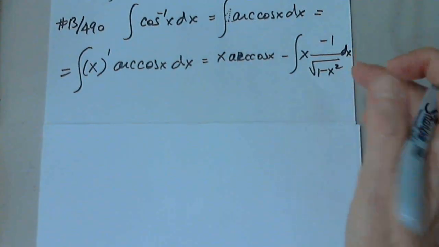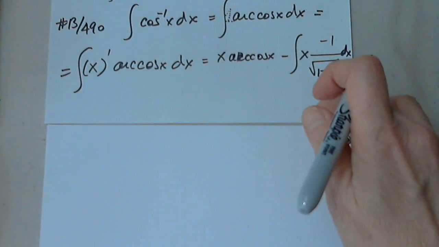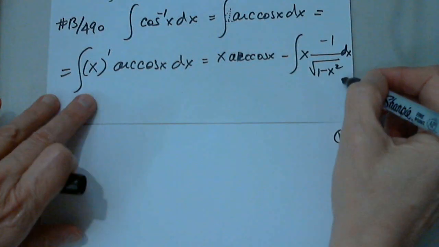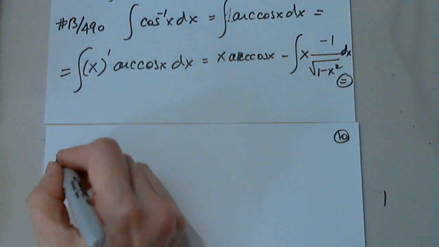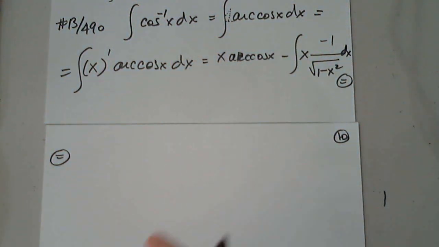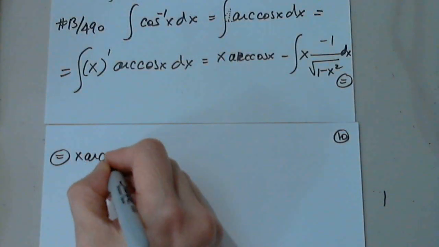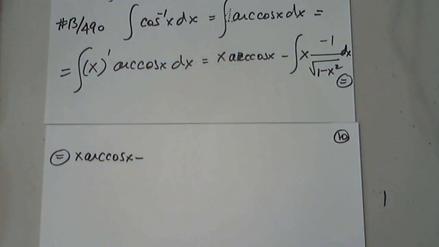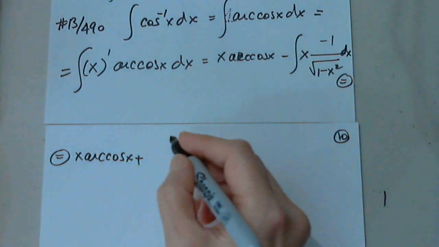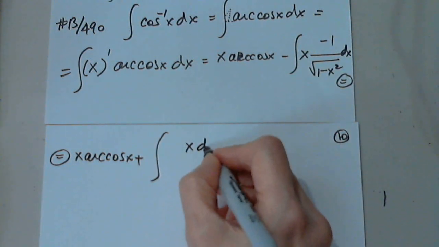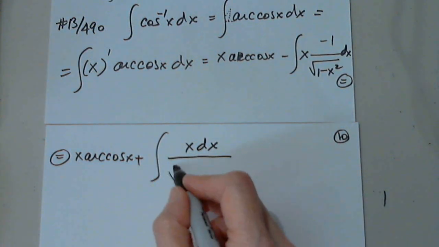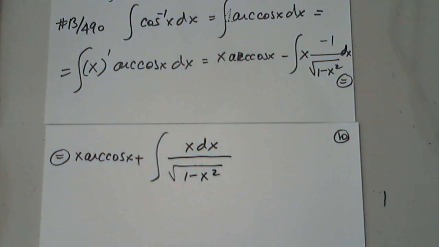So how do we proceed? That's my page 10. I didn't have room there, so sorry about that. Good. So x arc cosine minus plus, because there is a minus already. So I have x dx over the square root of 1 minus x squared.